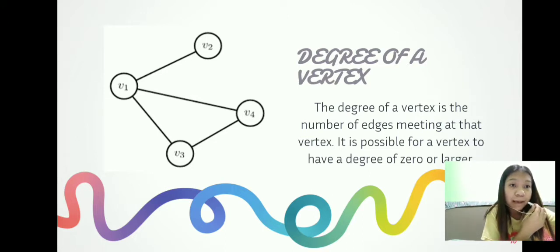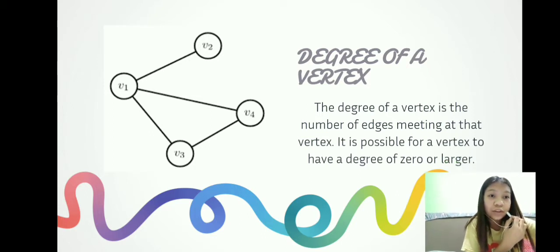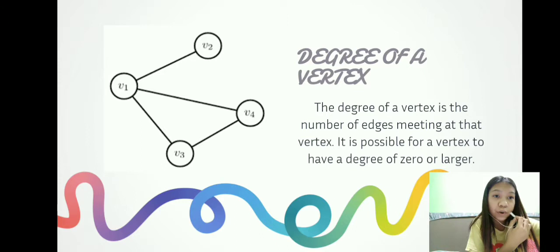It is possible for a vertex to have a degree of 0 or larger. As you can see in the graph, vertex 2 has only one edge.